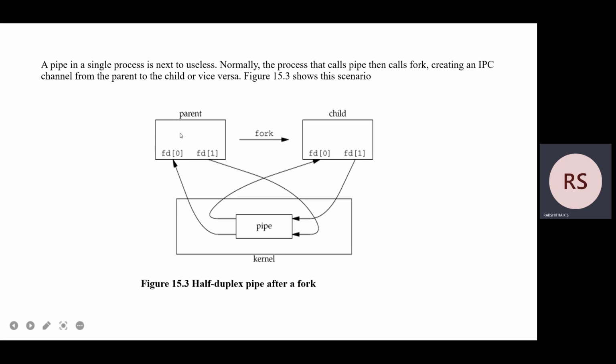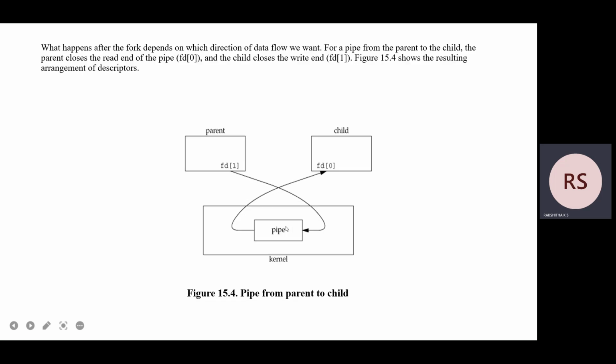A pipe in a single process is next to useless. So normally we call the fork function. Why do we call fork? So that the parent can communicate with the child process through the pipe.